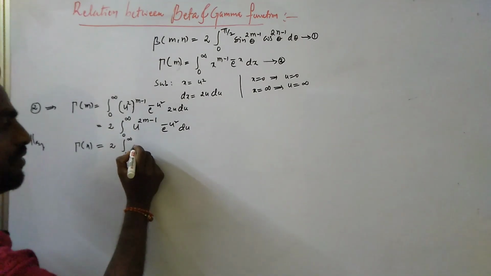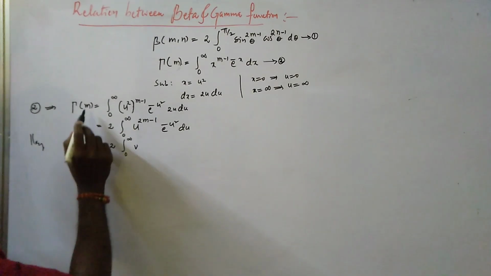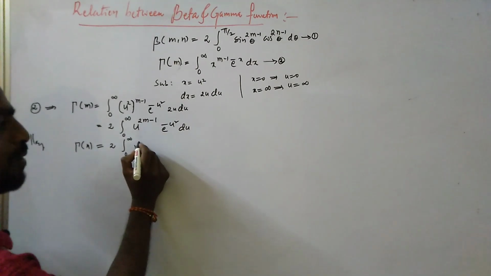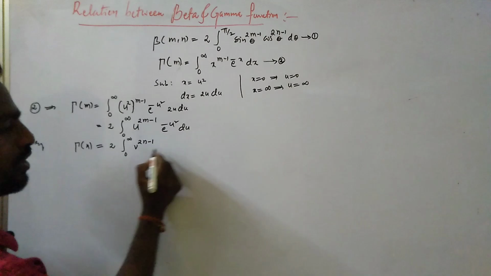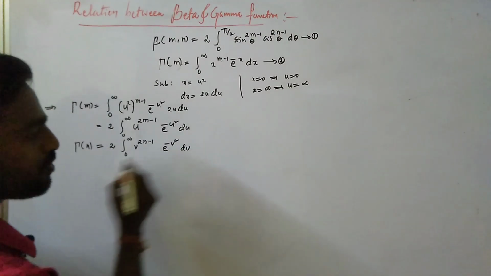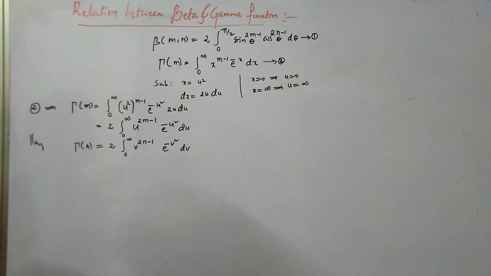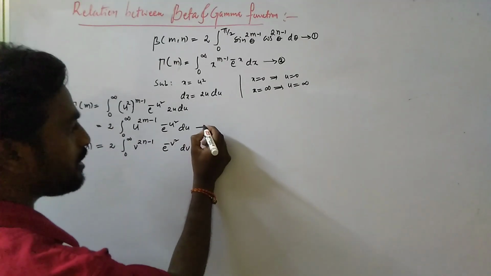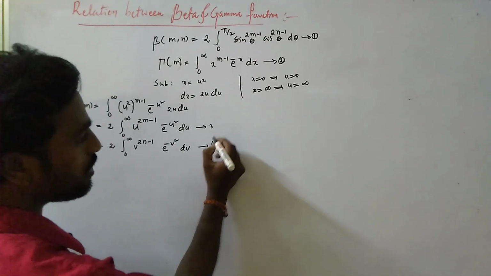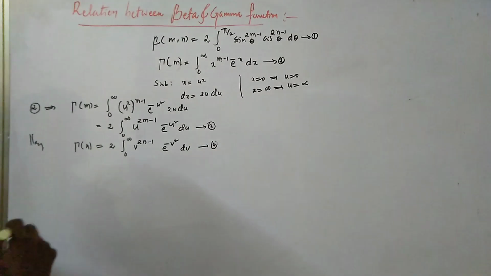Here v to the power of, where for m we got 2m minus 1, for n we get v power 2n minus 1 e power minus v square dv. This is equation 3 and this is equation 4.